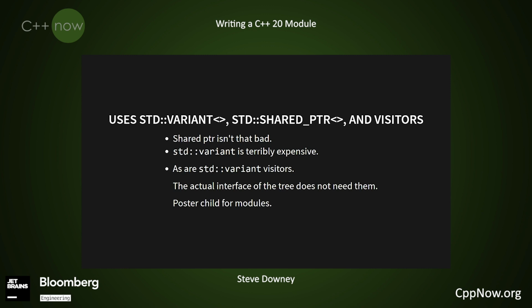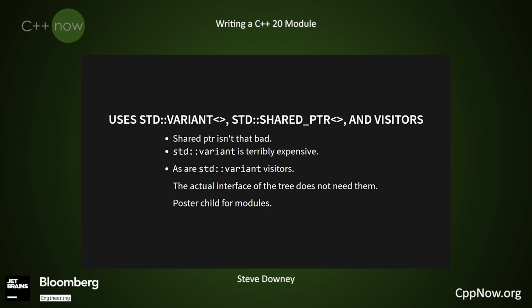However, just including variant is very expensive. It's not cheap to compile, introduces a lot of overhead. Std variant visitors are also somewhat complicated to deal with in template instantiations.